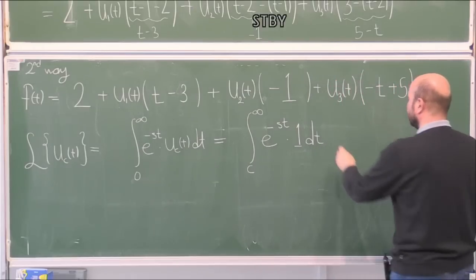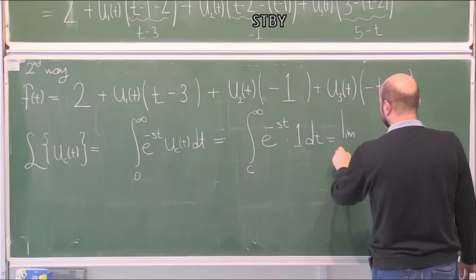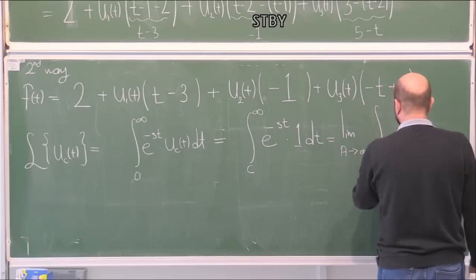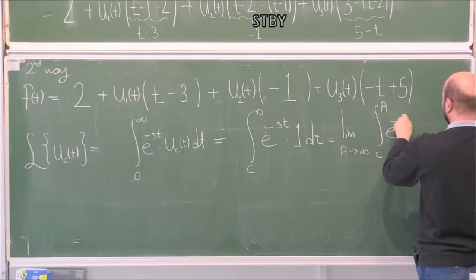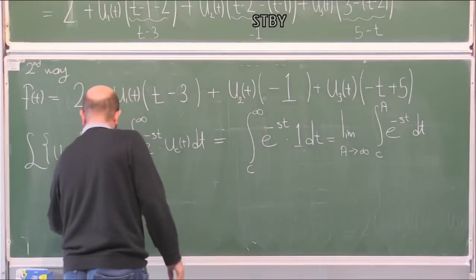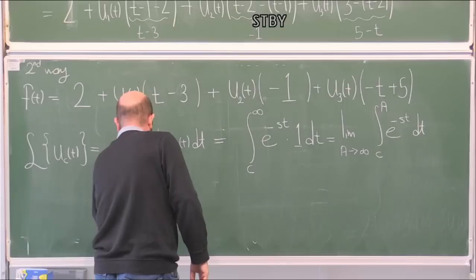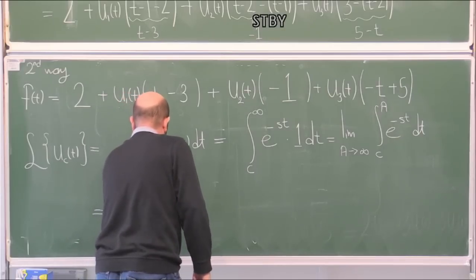So now if you look at this, limit as a goes to infinity of the integral from c to a of e to the minus st dt. If you write this, the antiderivative is e to the minus st over minus s, from c to a.